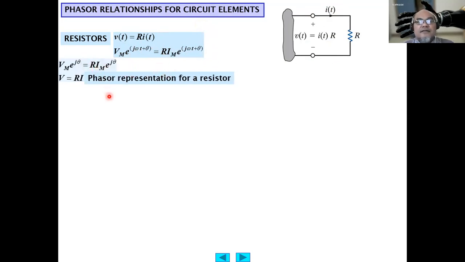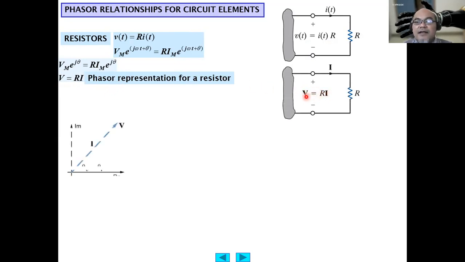Then the exponent j omega t can be cancelled from both sides. So Vm exponent j theta equals R Im exponent j theta. If we cancel the exponent j theta from both sides, then V equals R I. So this is the phasor representation for a resistor.